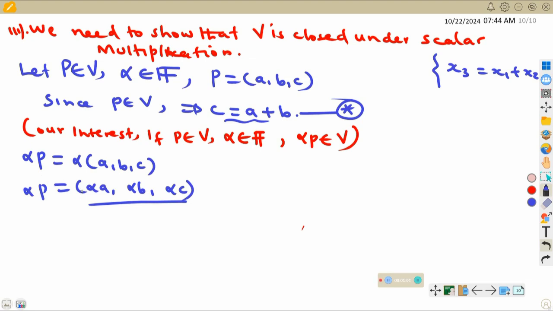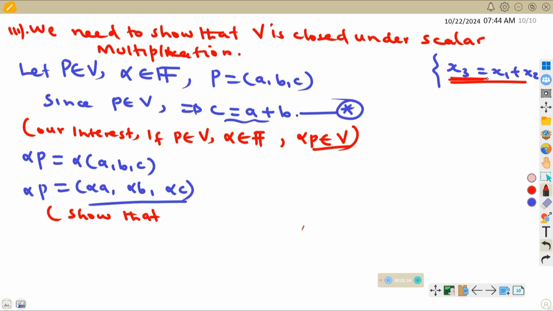Now, after getting alpha P, what are you interested in? You need to show that this alpha A, alpha B, and alpha C satisfy this given condition for alpha P to be an element of V. So alpha P is a vector which satisfies this.